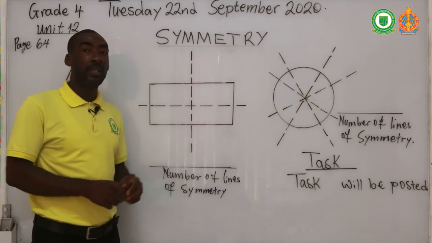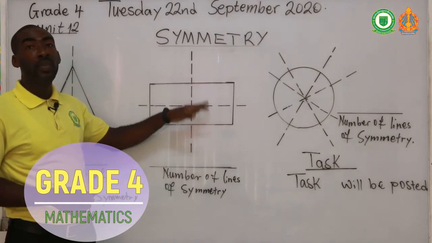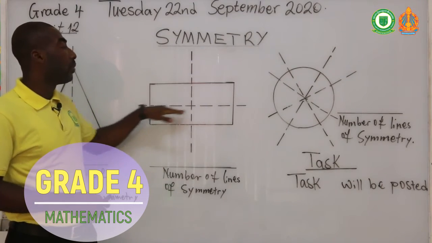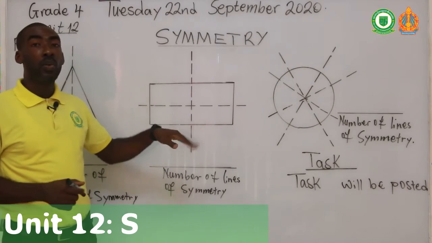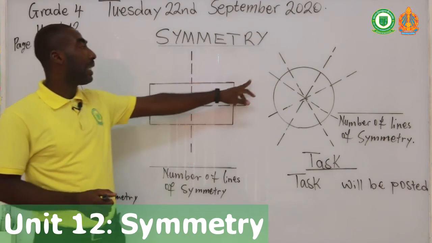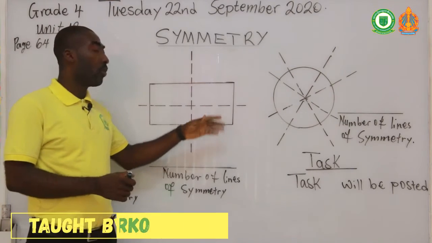This is a rectangle, and in the case of the rectangle, we can put a vertical line of symmetry or a horizontal line of symmetry. That means it can take only two lines of symmetry. If you put a diagonal from this corner up to that corner, unlike the square, it's not going to work.